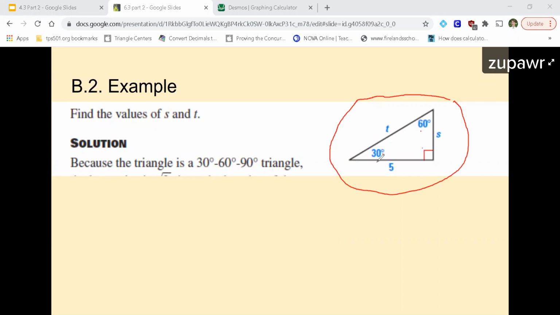Once you have recognized that, you will now need to label it accordingly. So T in this case will be the hypotenuse. It's opposite the 90-degree angle. All right, which one of these is the shorter leg, the 5 or the S?